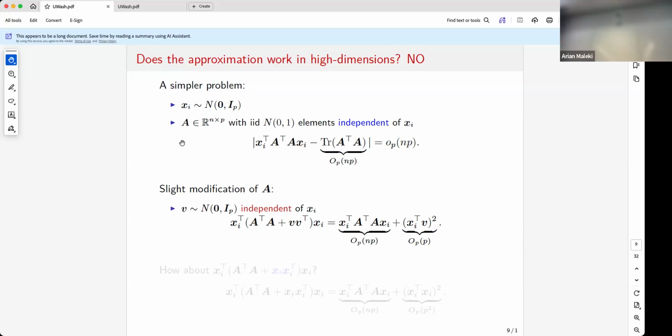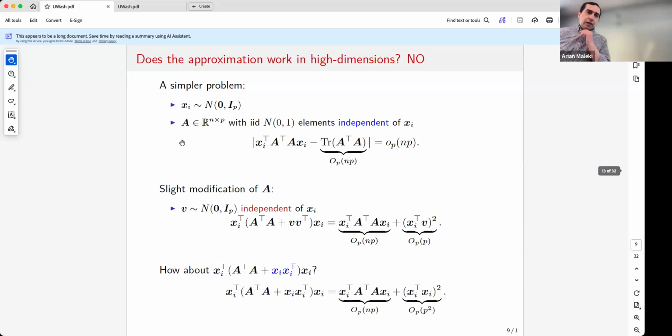But here is the problem that happens in Stone's evaluation. If now the rank one perturbation that I add is related with xi, all of a sudden we see that this rank one perturbation can create p-squared error.